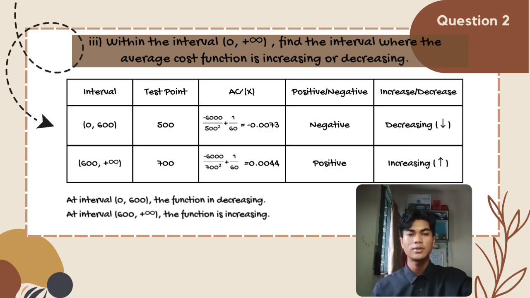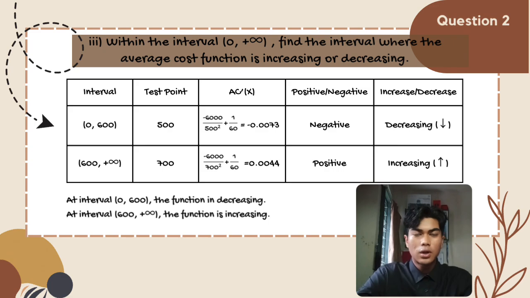Then we will have x smaller than 600. So since x must be greater than 0, the average cost function is decreasing for x in the interval (0, 600), and increasing for x in the interval (600, positive infinity).